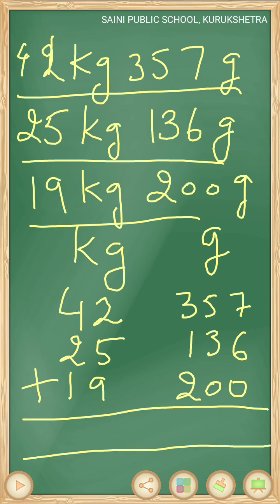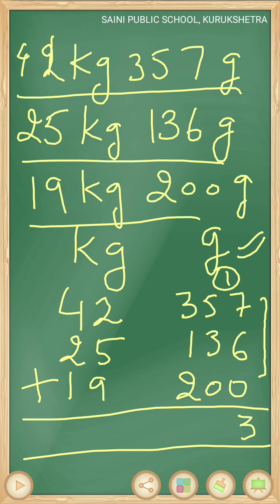Now start doing addition. First of all, we will complete gram place. So here 7 plus 6, 6 plus 7 plus 6, 13. So here I will write 3. Okay. 1 will add to next place. Now move to next place, that is tens place. Now 5 plus 3, 8. 8 plus 0, 8.